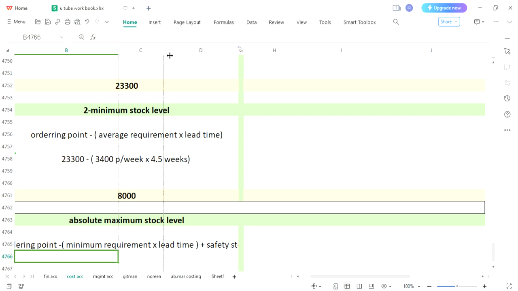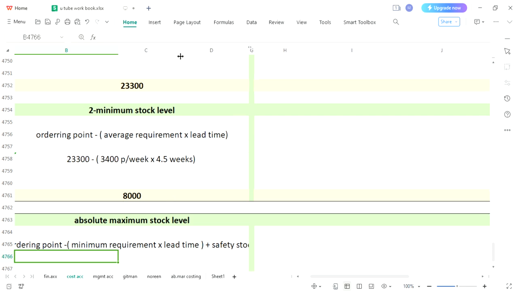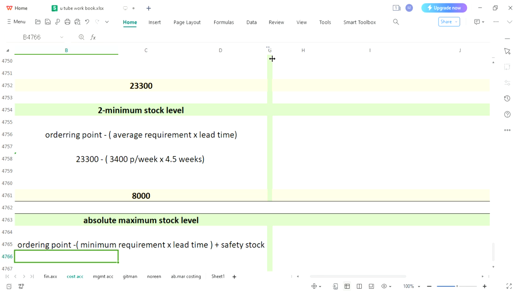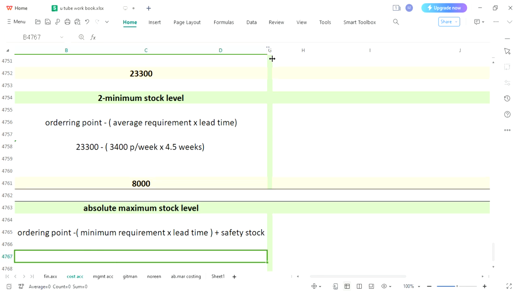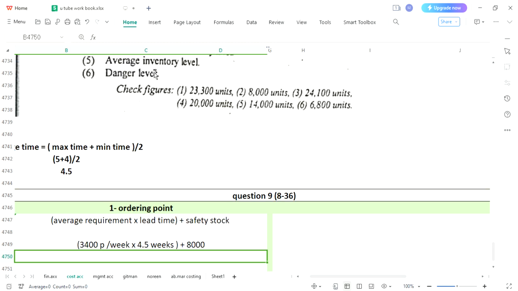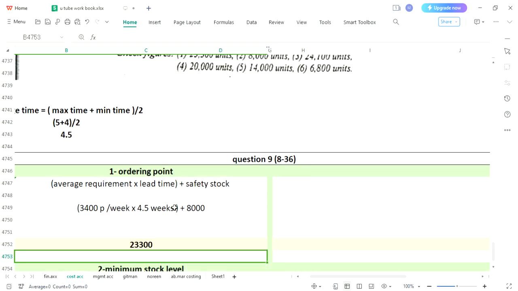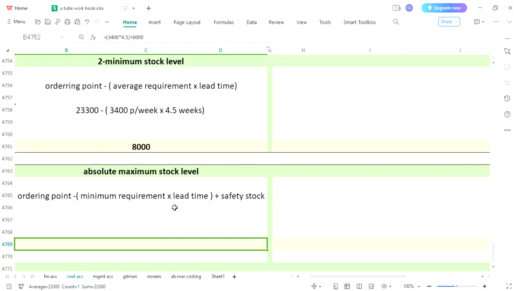Little more space is needed. Let's make it. No need for more space. Okay, now we have our formula. It has been completed. It's time to put in inputs. The ordering point, 23,300, we have already calculated, and that was 23,300.